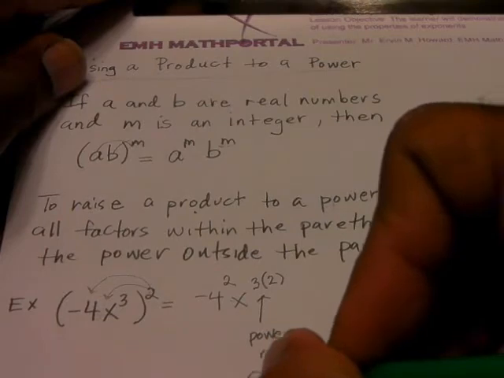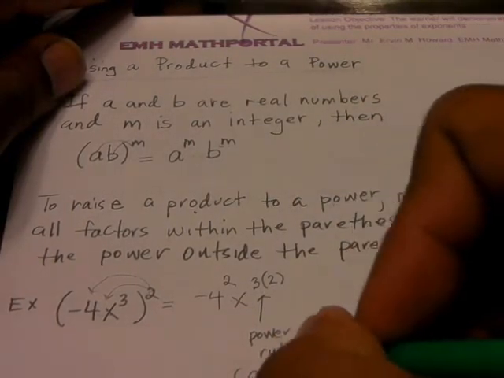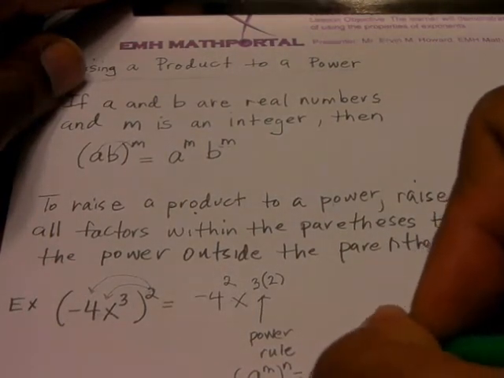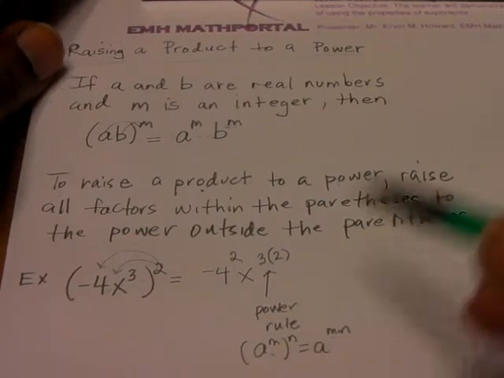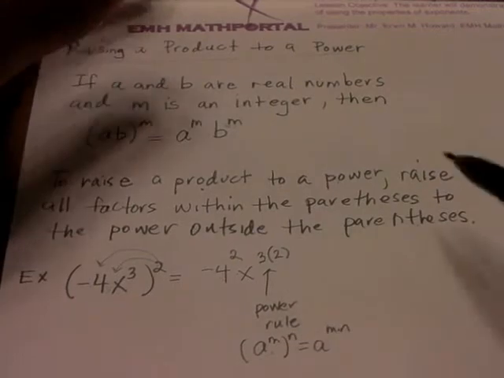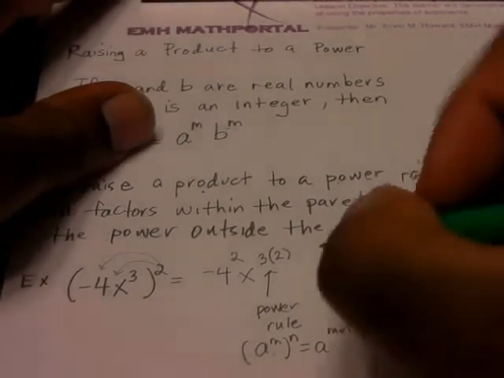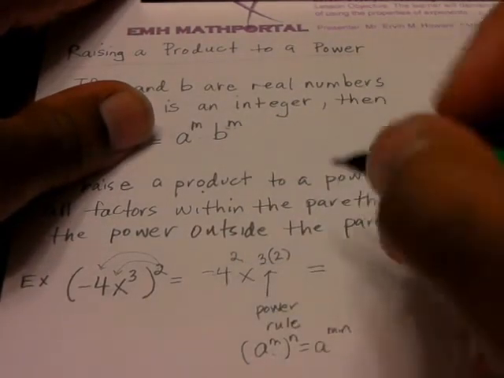If you have a raised to the power of m raised to the power n, that equals a raised to the power m times n. So right here, this is the power rule being applied. Now you're beginning to see that there will be problems that will use various properties, different properties.